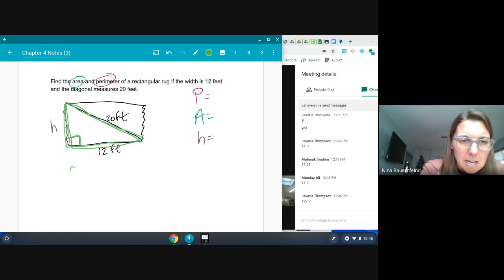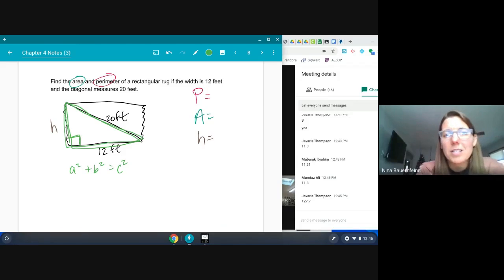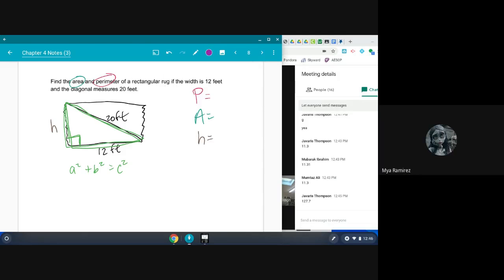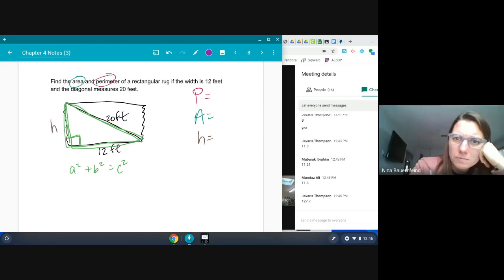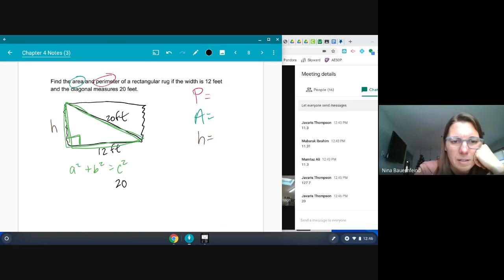So normally it's a squared plus b squared equals c squared. What is c squared for us, you guys? What is c? 20. 12 is just a or b. It's one or the other. I'll just go like 12 here. And then if you want to do a squared, you can, or you can change it to h.